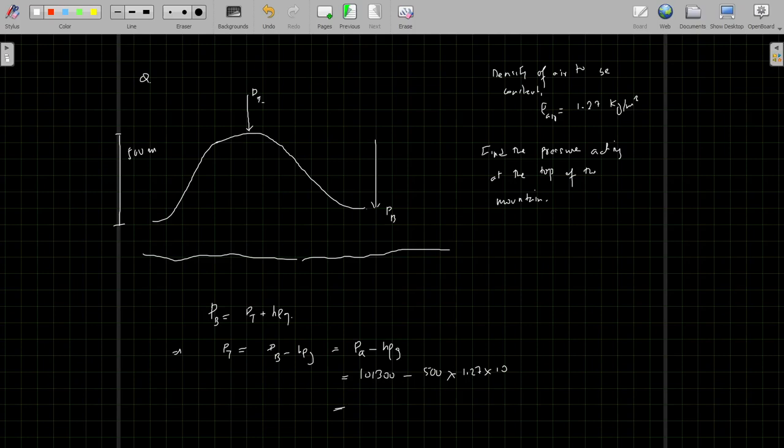If I solve this, 1.27 into 500 into 10, I get this as around 950 Pascal. This is the pressure acting at the top.